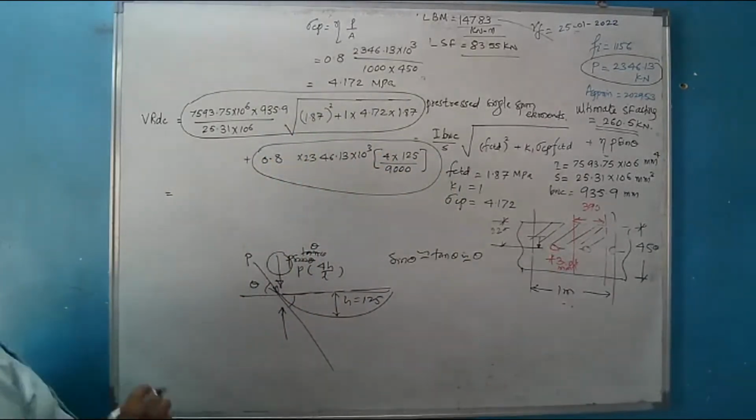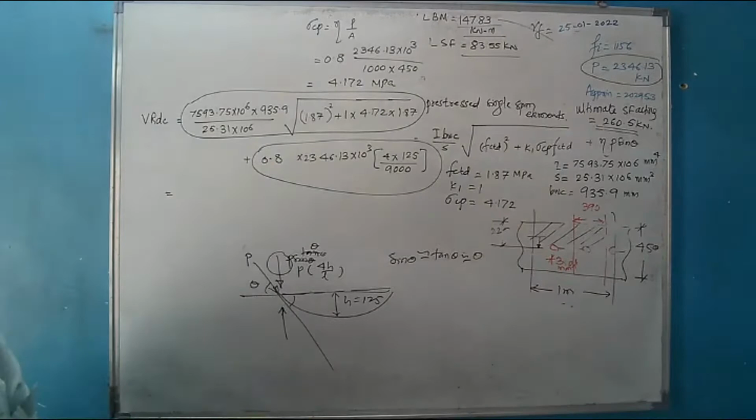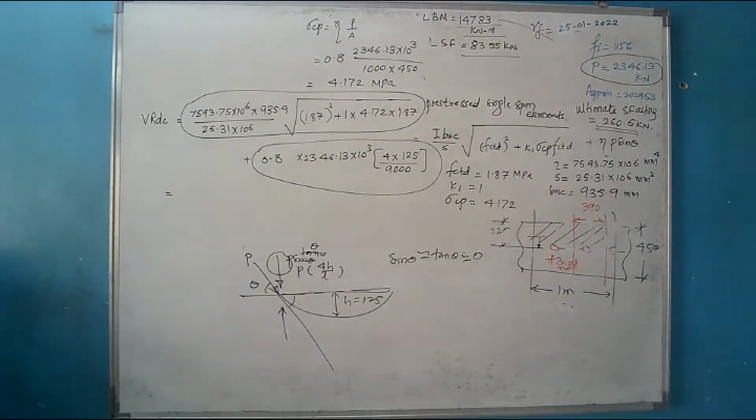Get the total. That is the ultimate shear resistance of the section without shear reinforcement, because of pre-stressing.